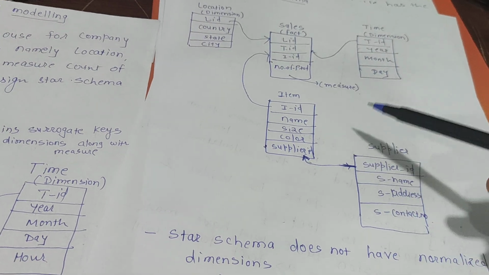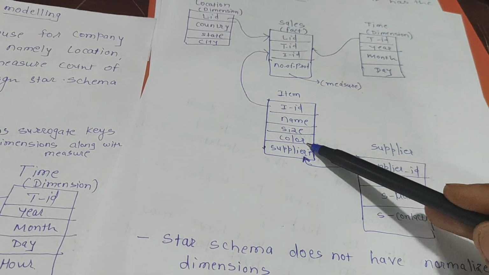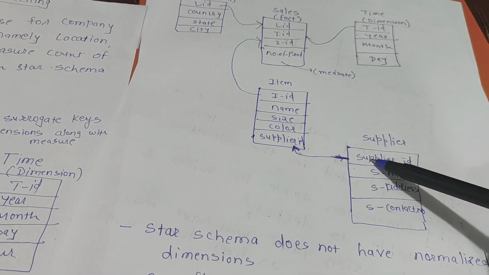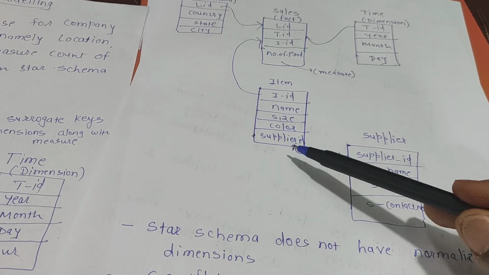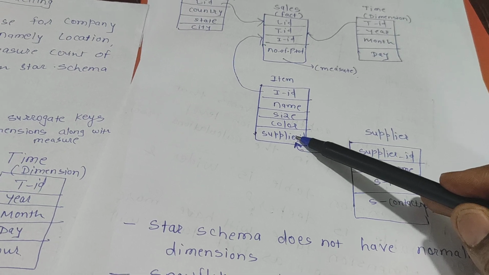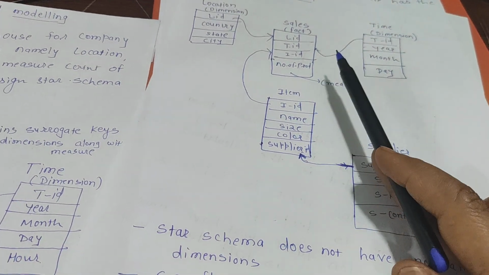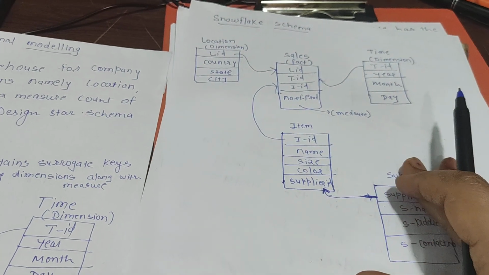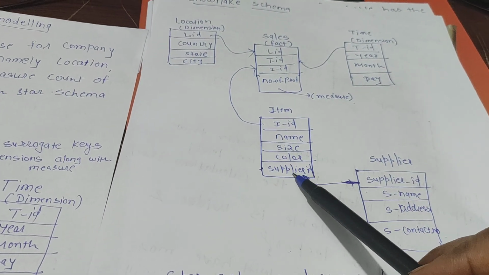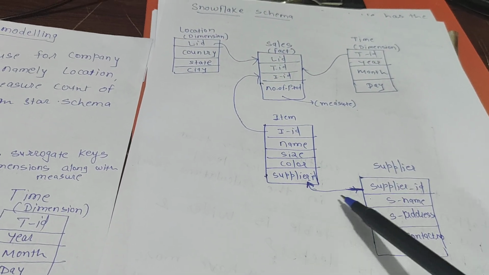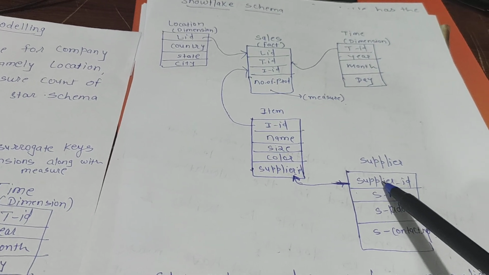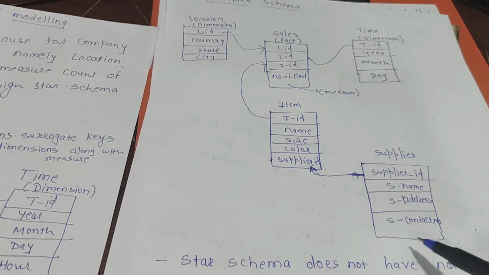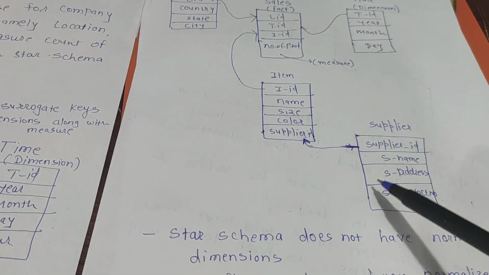In snowflake schema we can have a dimension table connected to another dimension table. So this supplier ID we will take as a surrogate key in this dimension table. So this is the same as our star schema. The only change we have made is that for supplier we have taken one more dimension and expanded it, meaning detailed information we have kept in the supplier dimension.